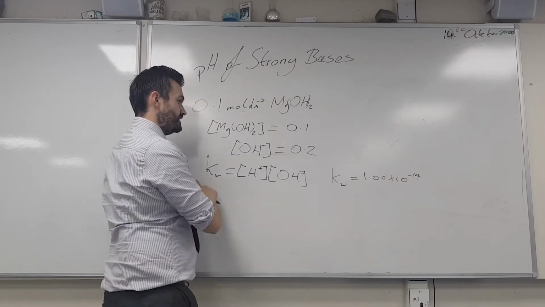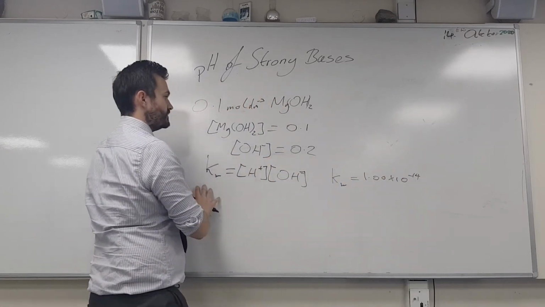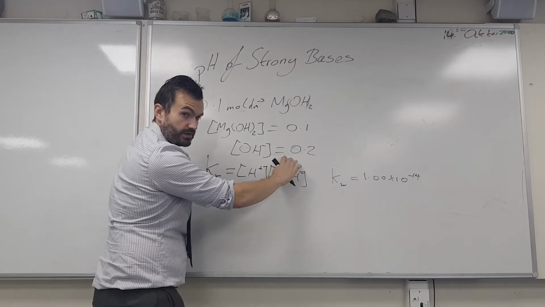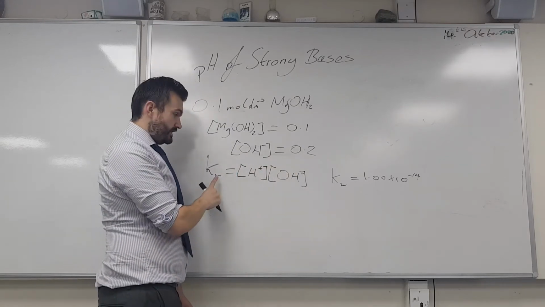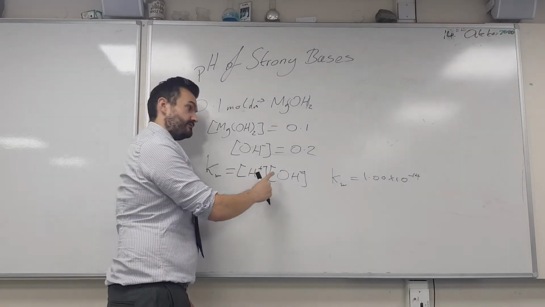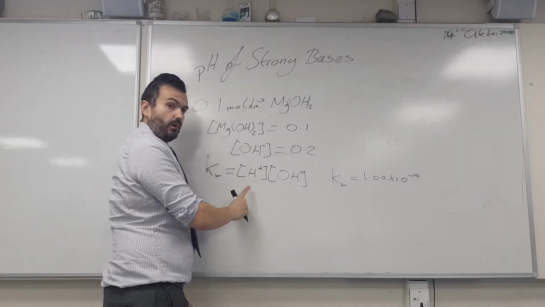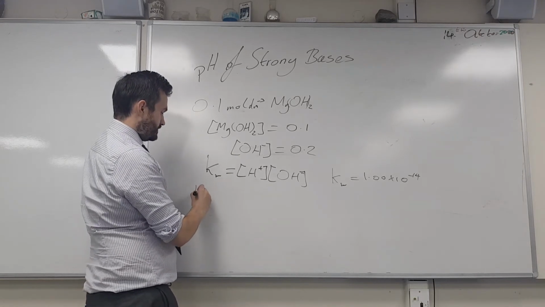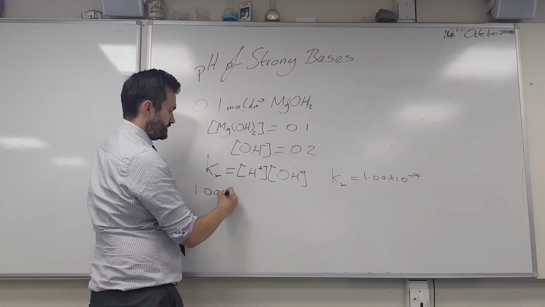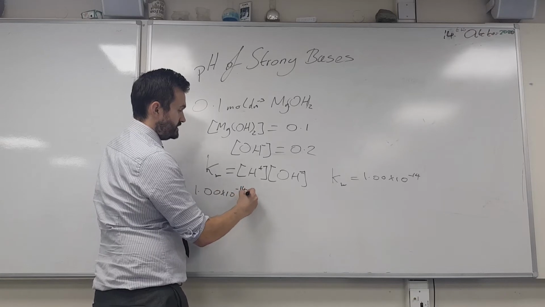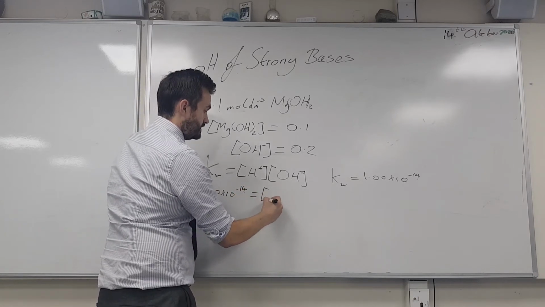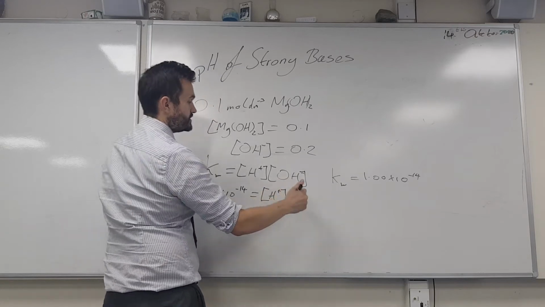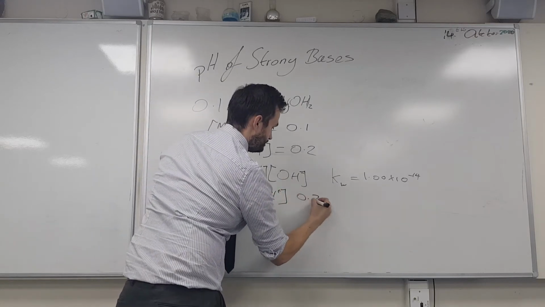So we have the ionic product of water, and we have the concentration of OH minus ions. So we have this number, we have this number, and we want this number. So all we have to do is sub in: 1.00 times 10 to the minus 14 is equal to H plus concentration multiplied by the OH concentration, 0.2.